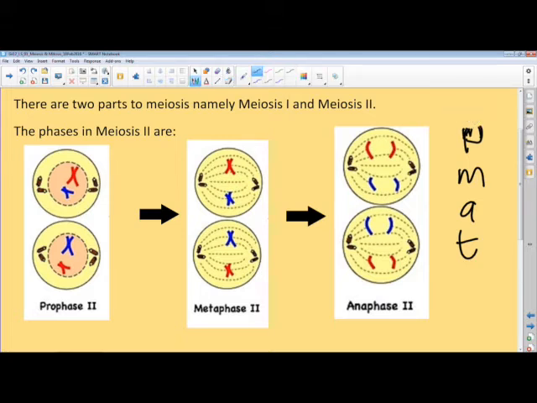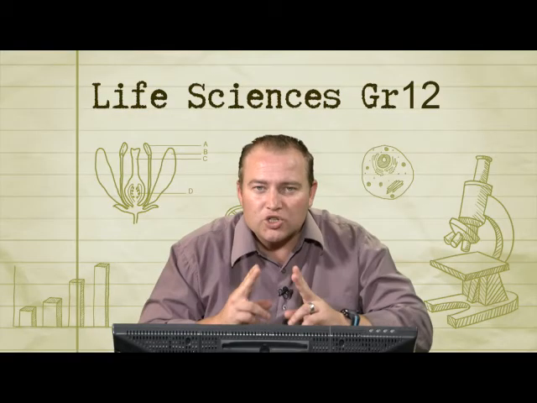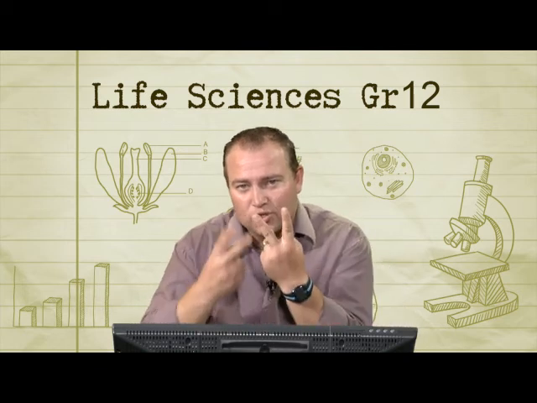You have prophase, metaphase, anaphase, telophase. Now, what was the big thing that happened in the previous phase? Remember, the chromosomes doubled. So instead of having 2, you had 4, one of each. Can you remember? Now in this case, it doesn't double. And if it doesn't double and we pull it apart, just think what's happened.